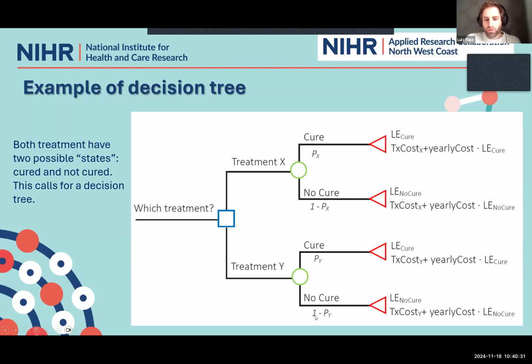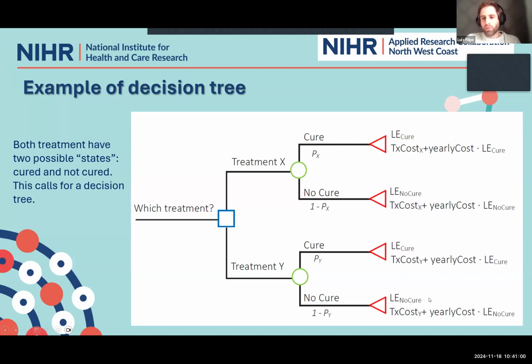It means that no cure would be 100% minus 30%, which would be 70%. And again, the same stuff: some life years if cured, which should be the same if the cure is equally effective on both treatments. Then you have the treatment cost, which should be different, and then again the yearly cost times the life expectancy. And the same in the other node of no cure.